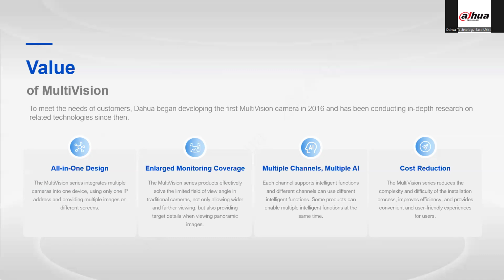Alongside that, there are multiple channels that support multiple AI functions. For example, with the Expand series, we have the bullet camera at the top that supports multiple AI functions, for example, human detection and vehicle detection. Then we have the bottom part, that's the PTZ that still supports those multiple AI functions for intelligent purposes, just to enable you to do auto tracking of these particular events here and there.